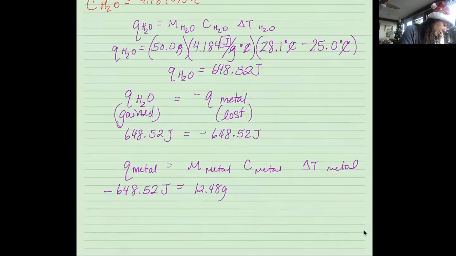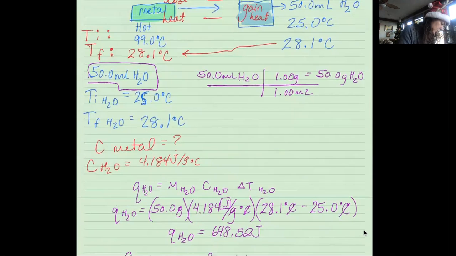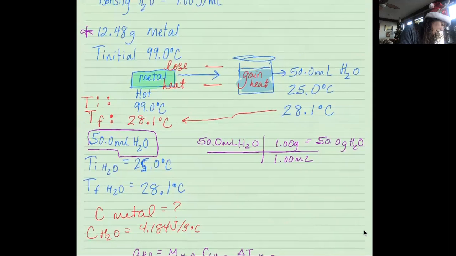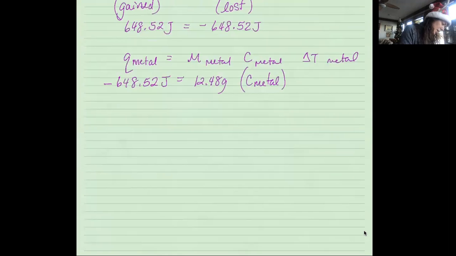I am solving for the specific heat of my metal. And the change in temperature of my metal went from 28.1 final minus 99.0 initial. So I will divide this by the product of this and this.